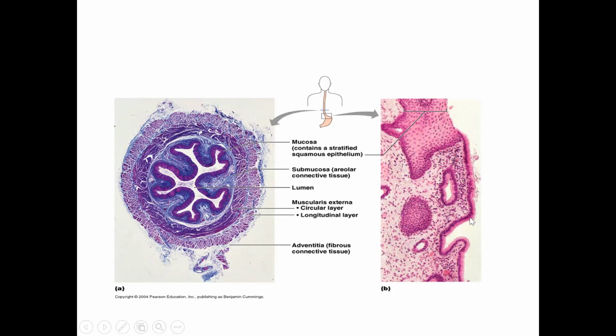If you look at this cross section, remember the tubular structure has four layers: mucosa, submucosa, muscularis externa, and outside, because this one is still in the thoracic cavity, it is adventitia. If it passes the diaphragm, then the very outer superficial layer will be serosa.